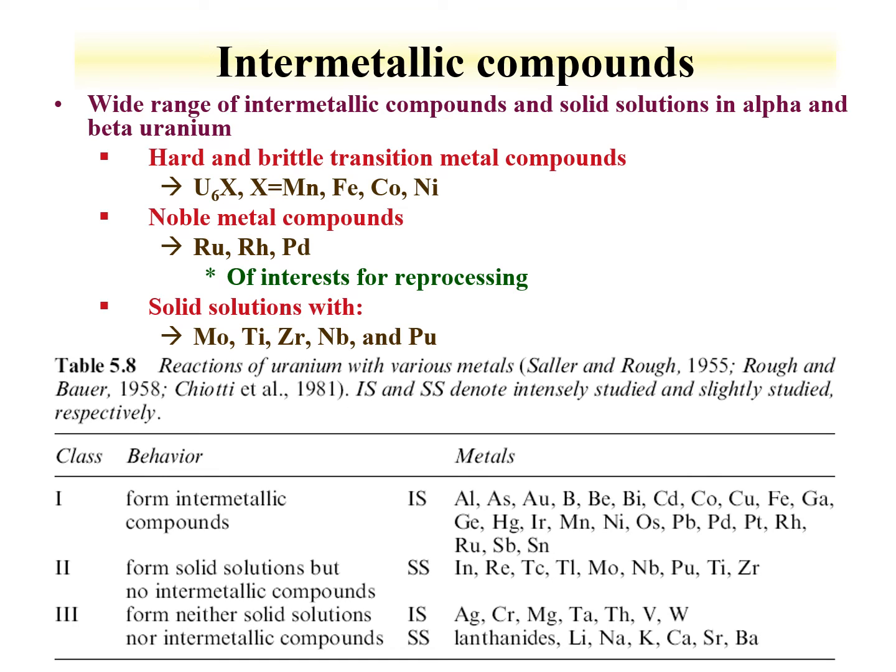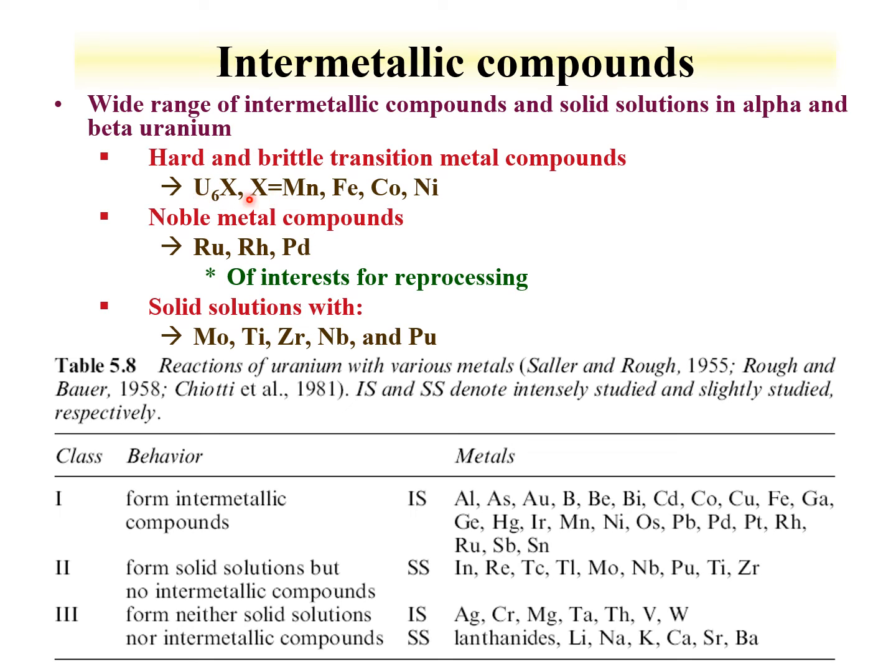Similar to the solid solutions, the metals can also form different compounds. The alloys, as we've already talked about, are just where the metals form fundamentally solid solutions, but the metal ions are just replacing each other. Intermetallic compounds can also form, and these are compounds that have specific stoichiometries.